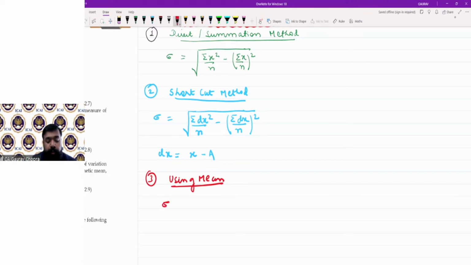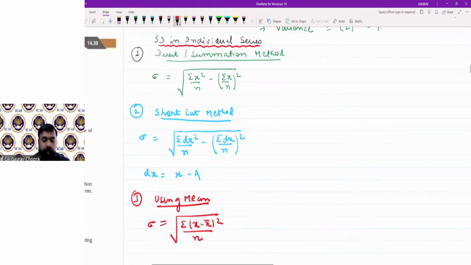So the formula will be root of sigma x minus x bar whole square upon n. So these are the three formulas mainly used in individual series.